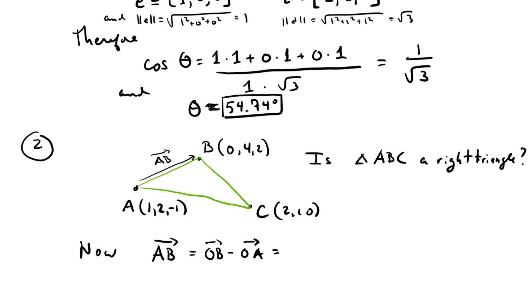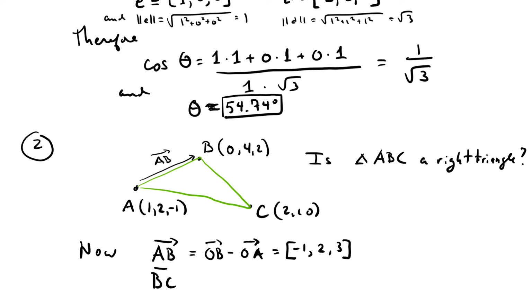I always know that students sometimes forget how you calculate such a vector. Okay, so B minus A, let's add it. So 0 minus 1, minus 1, 4 minus 2, 2, 2 minus minus 1, so we need to add 1 to 2, so that's 3.